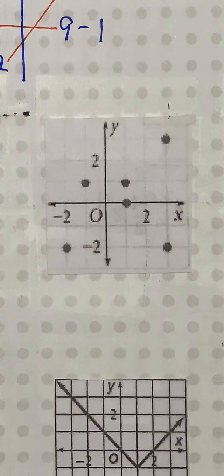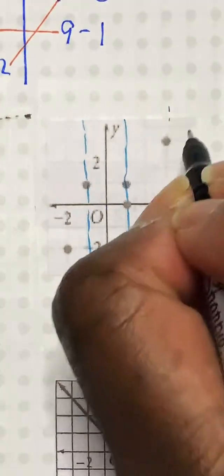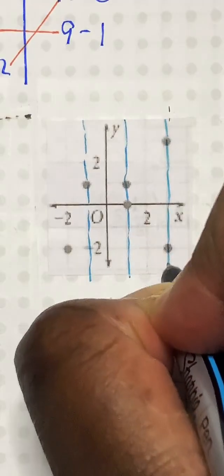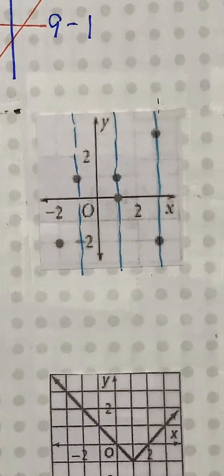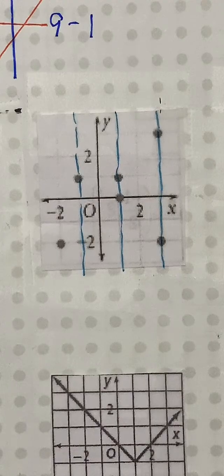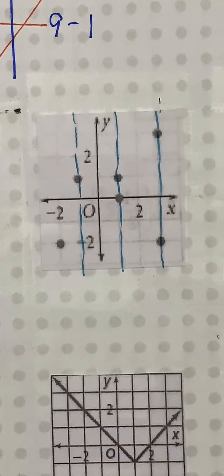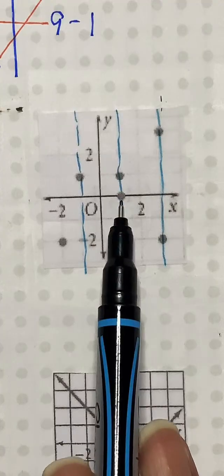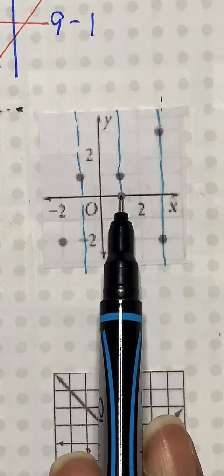So, let me switch pens for a second. If I were to draw a vertical line through this set of points, and this set of points, what do you notice? Okay, JD, good. These 2 points, right. It's repeating, good. Because right here at 1, it's repeating in 2 spots.